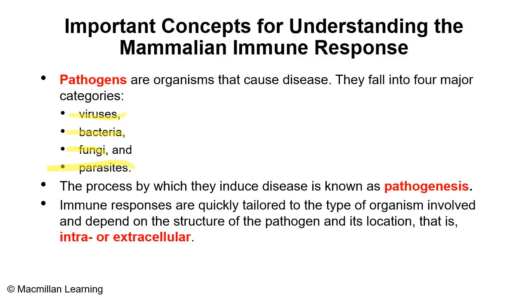If those things are not causing disease, you can call them commensals. Okay, but if they cause disease, those are pathogens. If they are quiet, not causing disease, but they have the potential of causing disease, you call them opportunistic pathogen. They're just waiting for a chance to create trouble. Okay? Those pathogens can either be inside of the cell or outside of the cell. So either intra or extracellular.